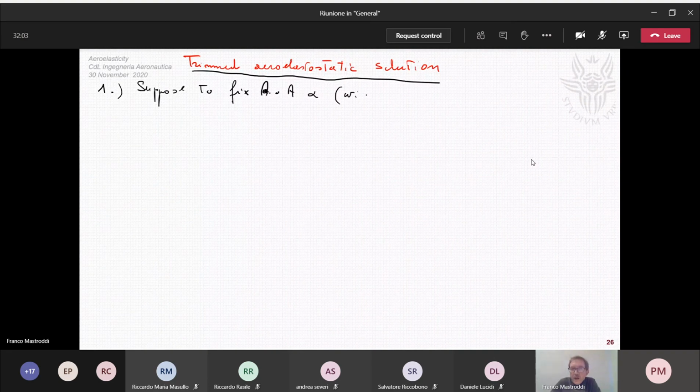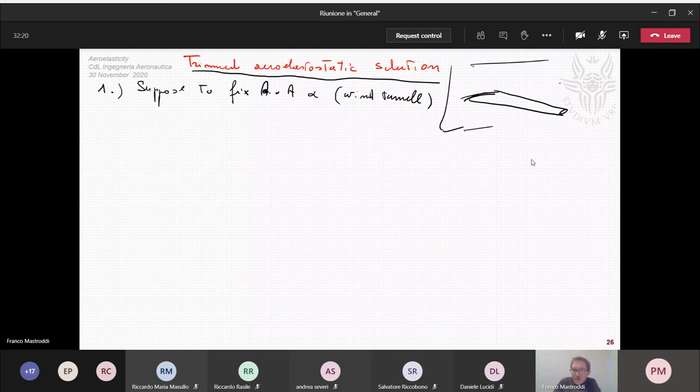When you have a wind tunnel, you have a wing in a wind tunnel like this. You have a wall, this is the wall of the wind tunnel. You have an angle of attack, alpha, of your wing.